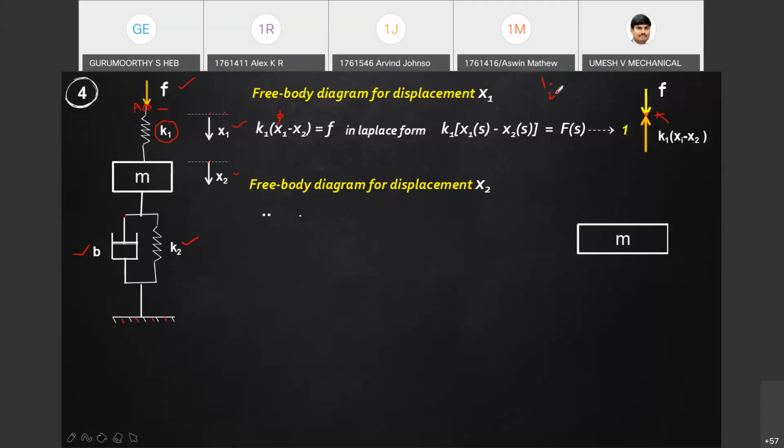The inertia force comes from the displacement X2 double dot. The other spring is not connected with this displacement.